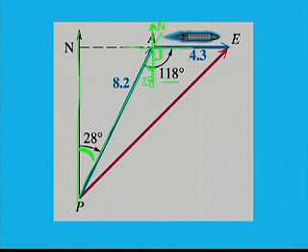I have my two sides of the triangle, 4.3, 8.2. I have the angle between them, and that's what's going to allow me to find the magnitude of the resultant vector v, which is the red vector from P to E. So, let's get to it. Let's actually use the law of cosines to find the magnitude of vector v.